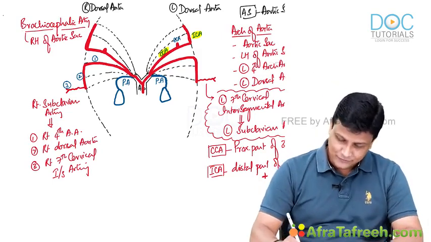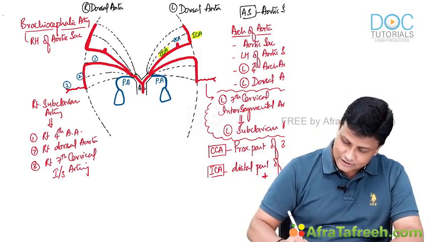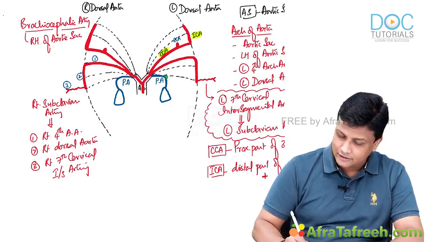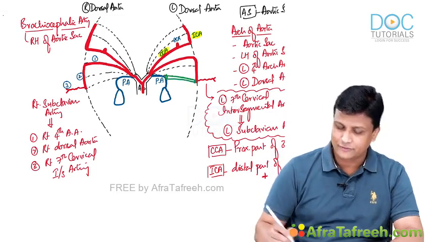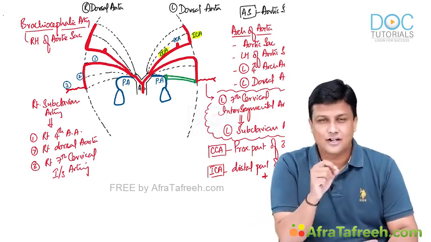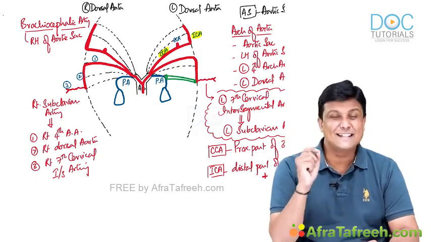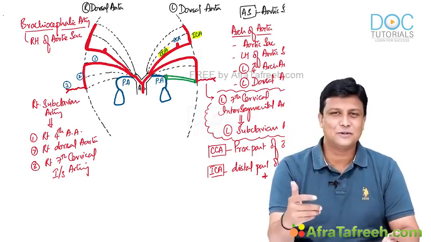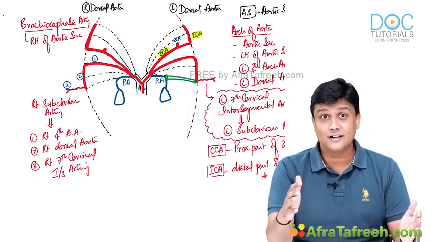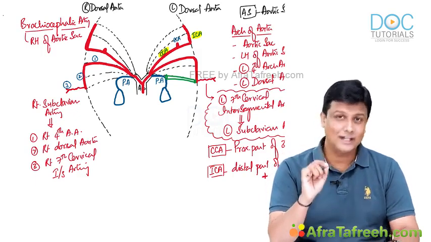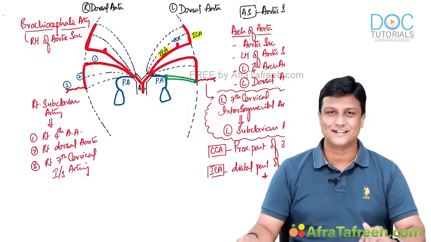And that too, yes, the ductus arteriosus will be between the pulmonary artery and arch of aorta. So it has to be derived from where only? The sixth arch artery only. Why? Because it is between pulmonary artery and arch of aorta. Sixth arch artery. But again, the same question, is it from the complete sixth arch artery? No. Only and only from the distal part of the sixth arch artery.